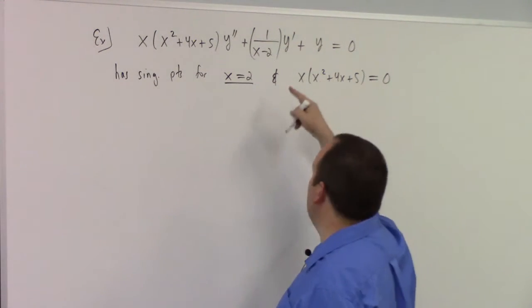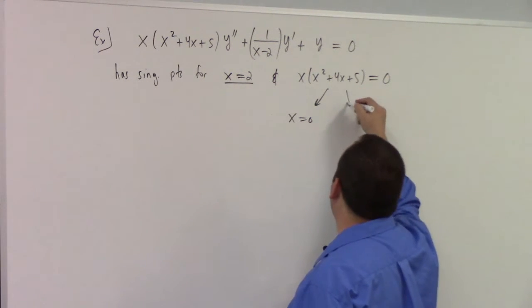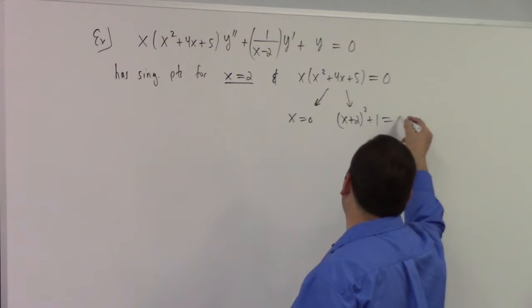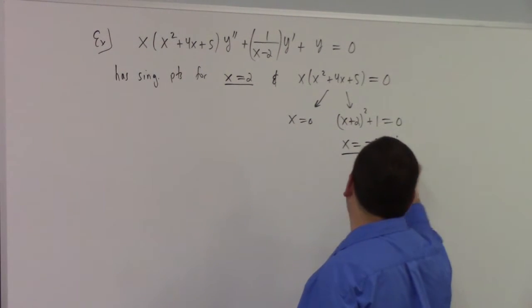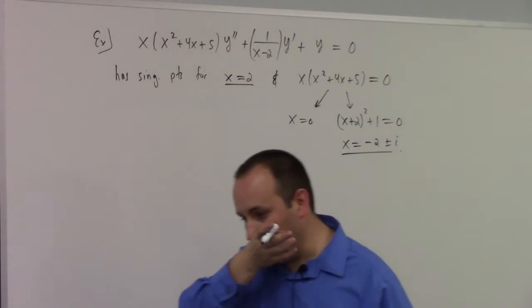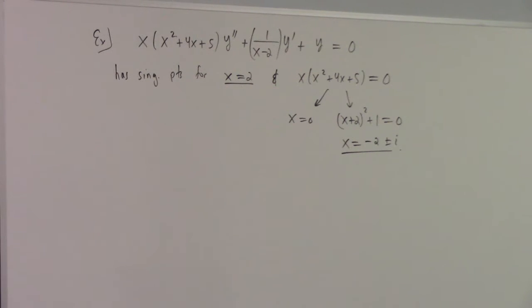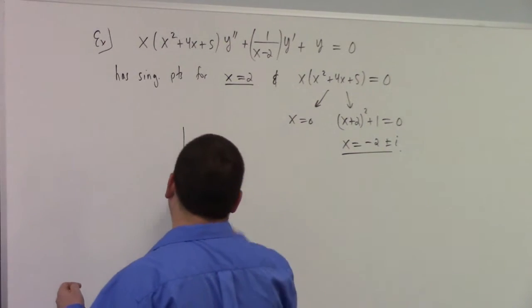Now this is either going to give you x equals 0 or (x plus 2) squared plus 1 equal to 0, aka x is equal to minus 2 plus or minus i. Those are other complex zeros. So in this case, we have 1, 2, 3, 4 singularities for this differential equation.